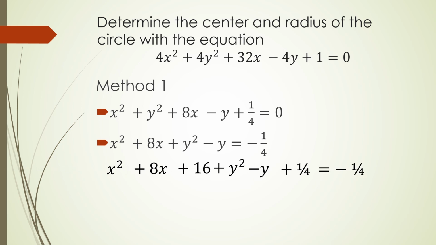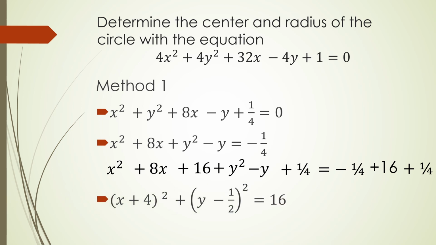Whatever we have added on the left side of the equation, we have to add also on the other side of the equation. So plus 16 and then plus 1/4. And then we have to factor it out.